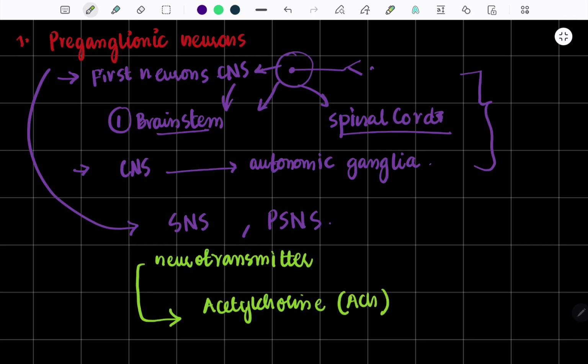They are always responsible for releasing acetylcholine, whether they are present in the sympathetic nervous system or the parasympathetic nervous system. This is what you have to remember about preganglionic neurons. Let us move towards the next part of the ANS pathway, and that is the ganglia.